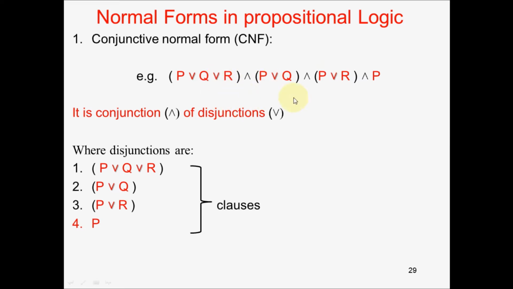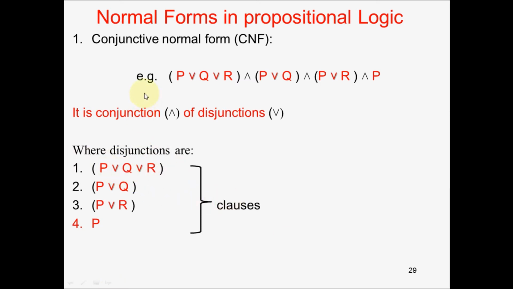And in AI, disjunctions are also called clauses. Very important. So what are clauses? When one or more propositions are connected with or, disjunction, that entire term is called a clause.